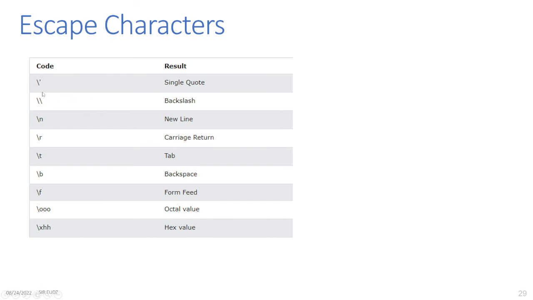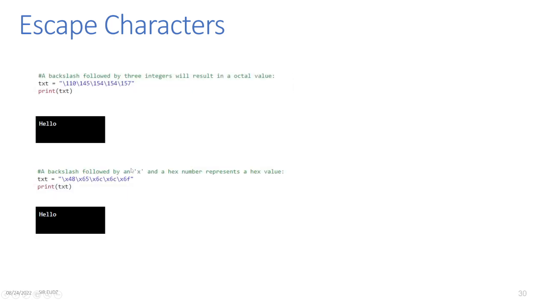So escape single quote is a single quote, escape backslash is a backslash, and so on and so forth. Backslash n is a new line, etc. A backslash followed by 3 integers will result in an octal value.